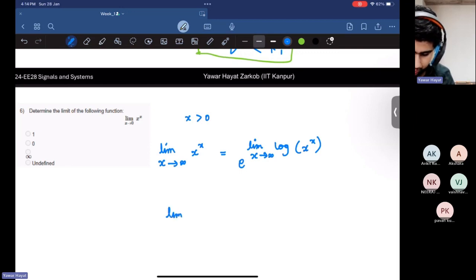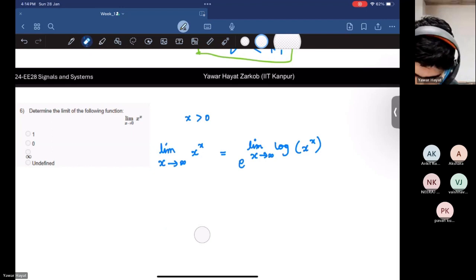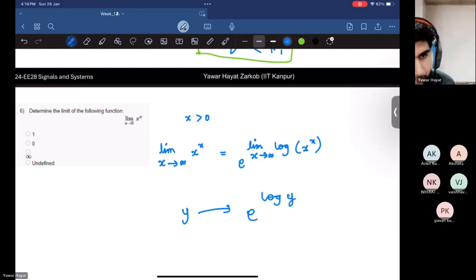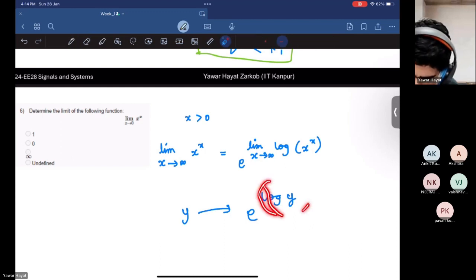Suppose I had y tends to some x naught. Why should I even write a limit? See, if I have y, I can write that y as e to the power of log of y, right? Because essentially that is again y, because this log is to the base e, natural log.